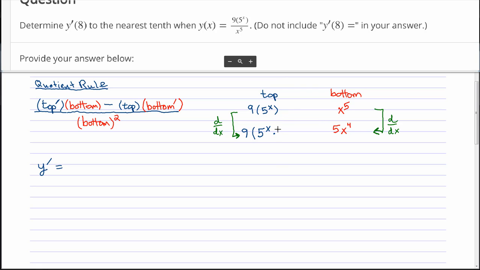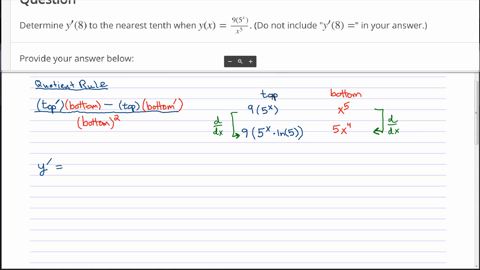But then you have to multiply by the natural log of the base of the exponential function. That's the shortcut rule for derivatives of exponential functions. Whenever you want to find the derivative of something to the x power, the derivative is just something to the x power times the natural log of the something.